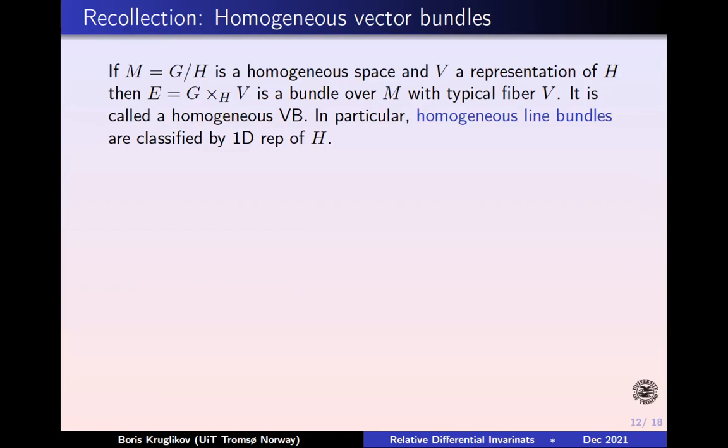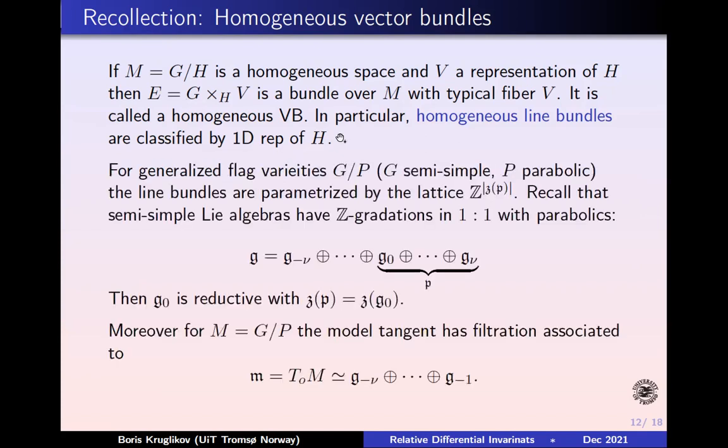Then we can form a homogeneous vector bundle over M, which is G cross V over H. This homogeneous bundle E over M has typical fiber V. And particular homogeneous line bundles are classified by one-dimensional representations of H. If you consider generalized flag varieties, as the case when G is semi-simple and P is parabolic, then the line bundles are parameterized by the lattice.